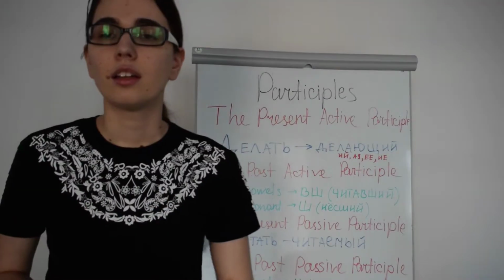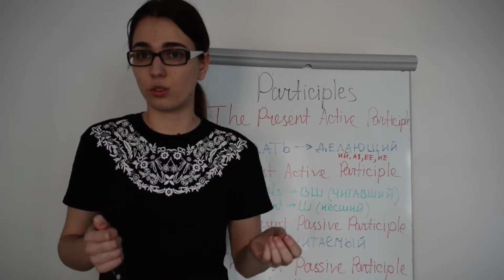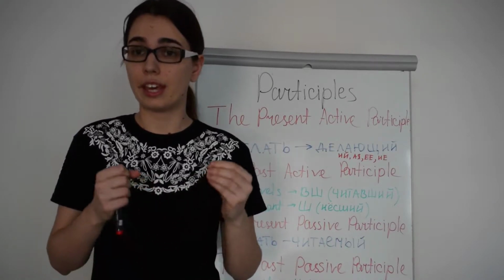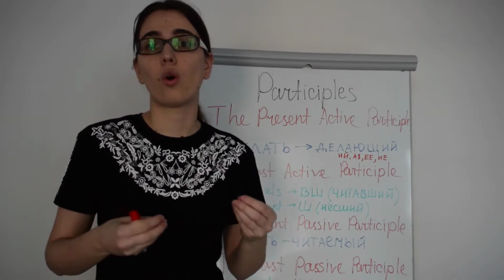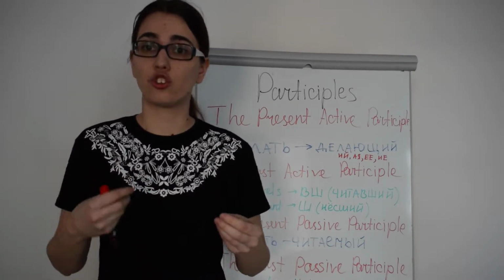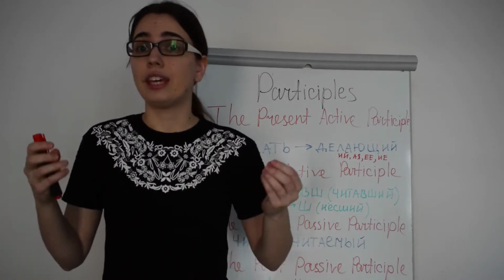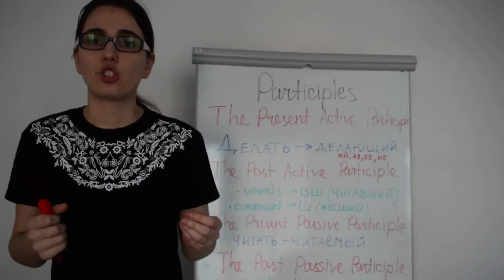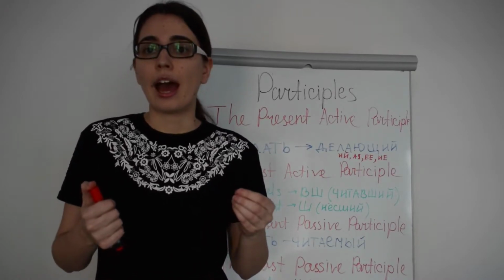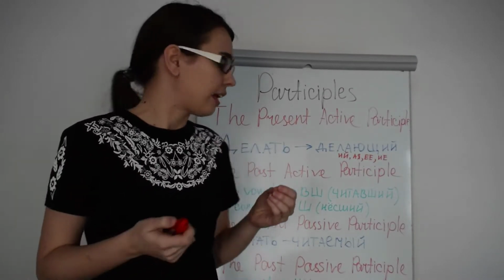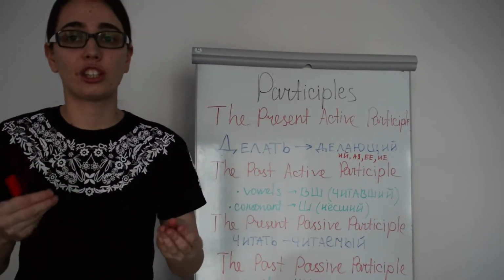And the next type, the present passive participle. It also derives only from imperfective verbs, as it refers to the present or to an action which repeats. Again, the easiest way to form it is to take the first person plural form of the verb, for example, читать: читаем, мы читаем.